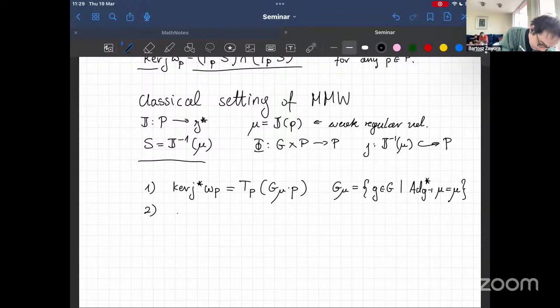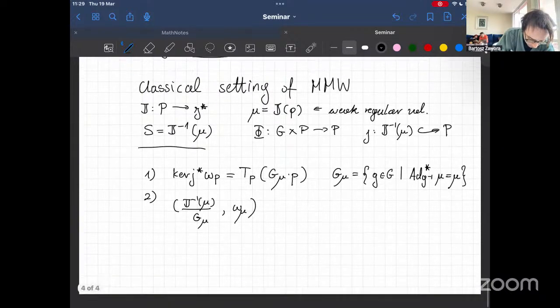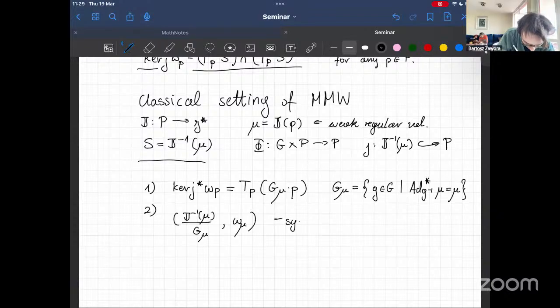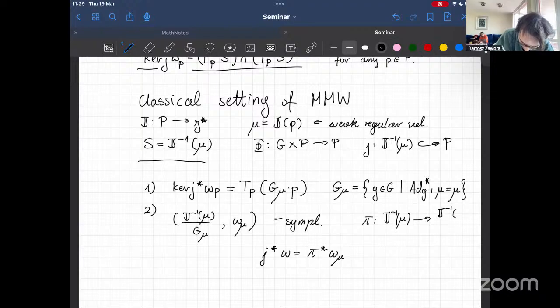So the second consequence is that the quotient space, the level set divided by G mu, with omega mu is a symplectic manifold, and we have a relation that the pullback of omega equals P star omega mu, right? Where P is a projection from the level set of the momentum map to the quotient.